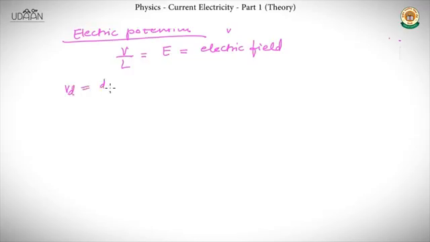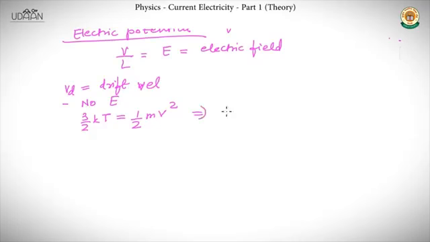So drift velocity is denoted by Vd. Now when there is no electric field, the energy of the electrons or the charges will be equal to their total kinetic energy, right?